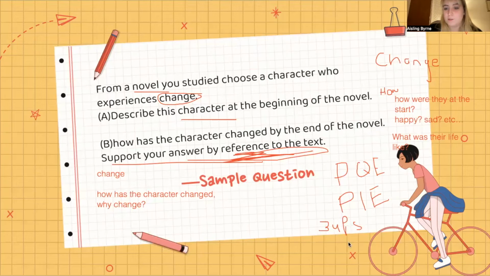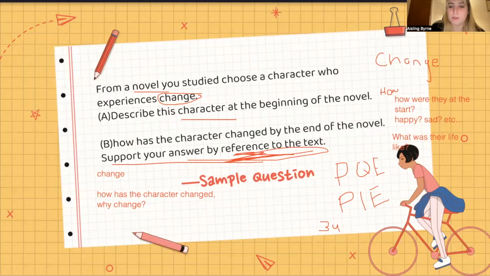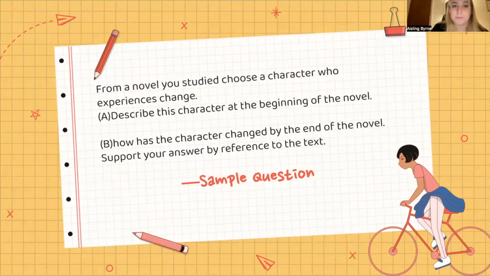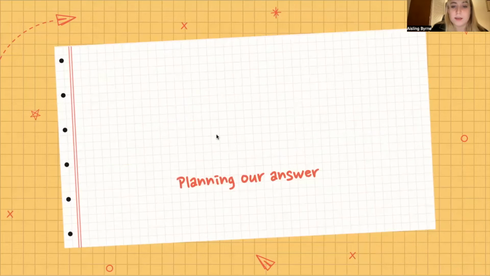So those are our ways to intertwine our quotes into our answers. Okay, so we're going to have a look at how we planned this. Now the text I used for this question is Of Mice and Men.